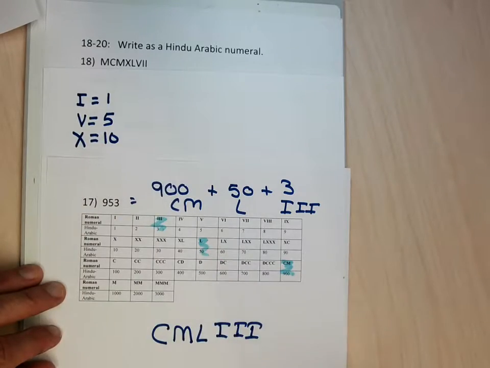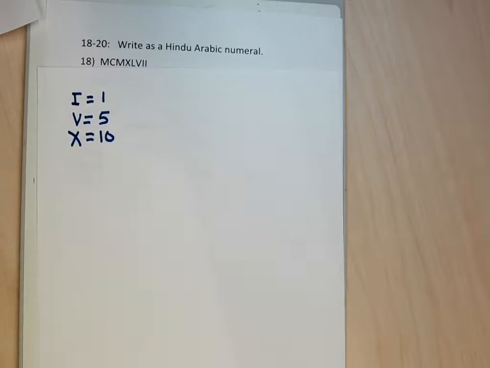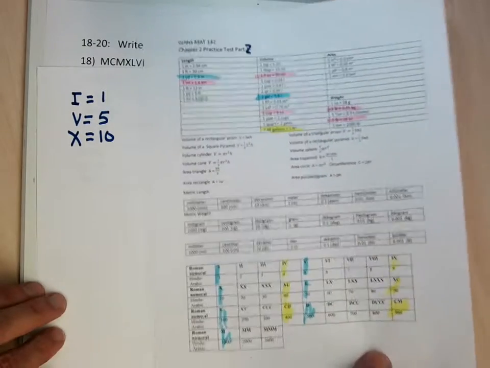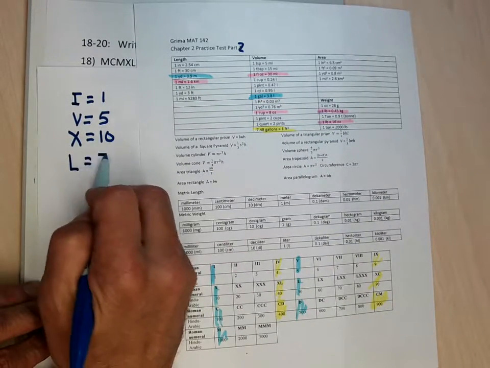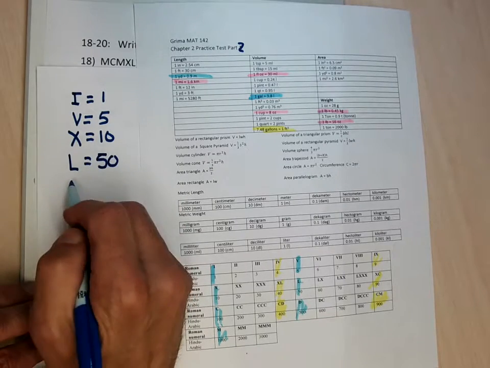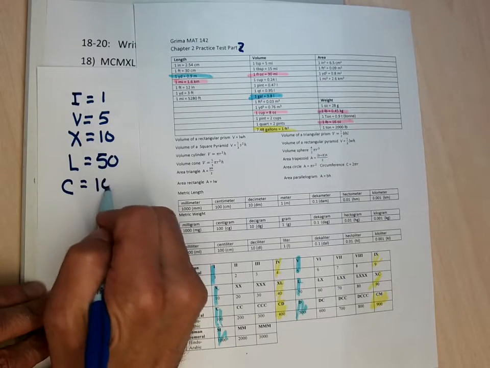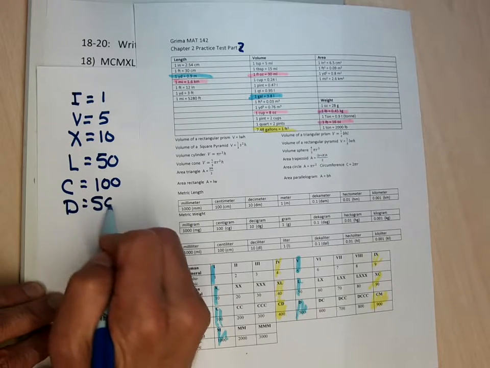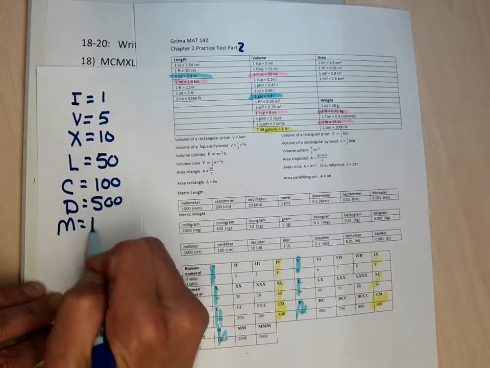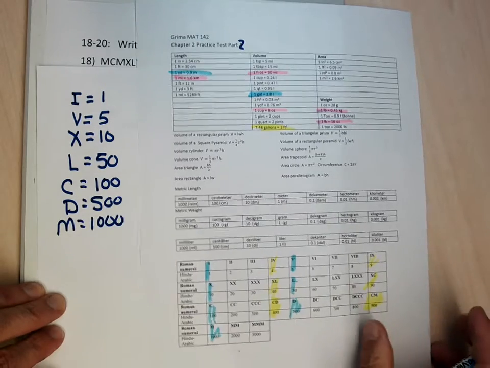I'm just stealing from this chart. L is equal to 50. C is equal to 100. D is equal to 500. M is equal to 1,000. Those are the 7 basic Roman numerals.